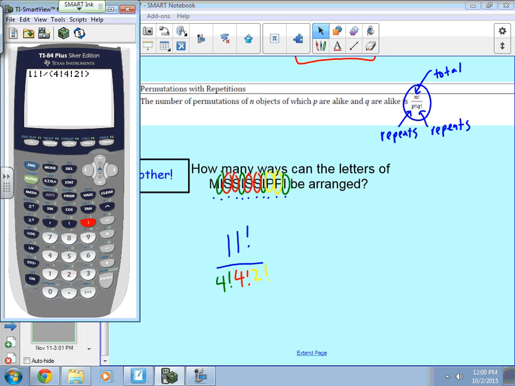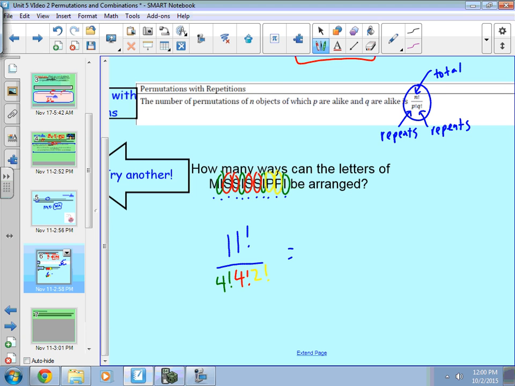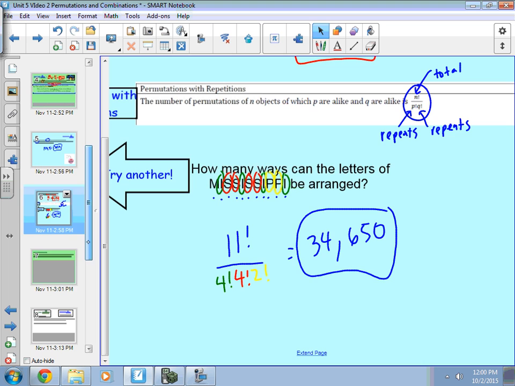Now your calculator will do all the multiplication in parentheses and then divide the two things. So the actual answer here, the one we want to get, is 34,650. So that would be the number of possibilities.